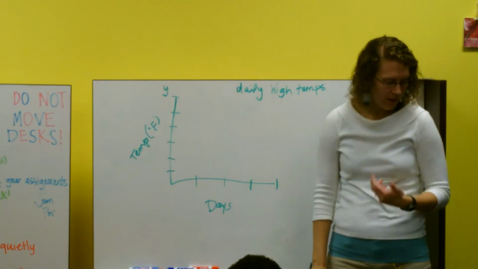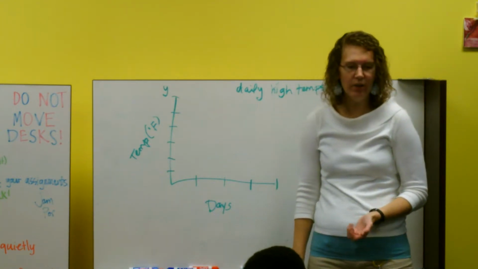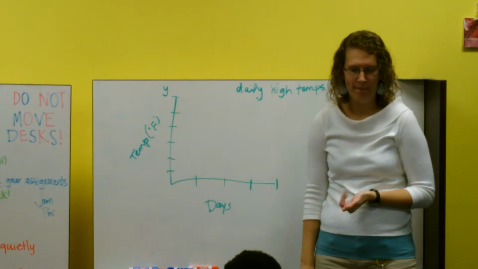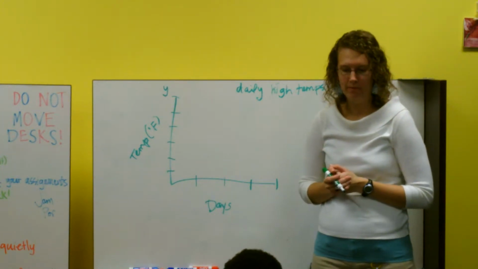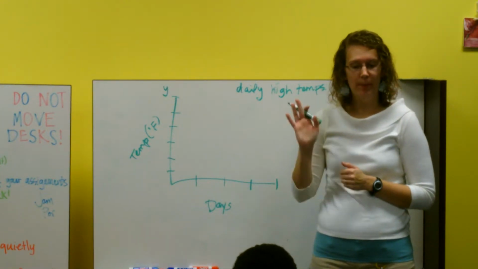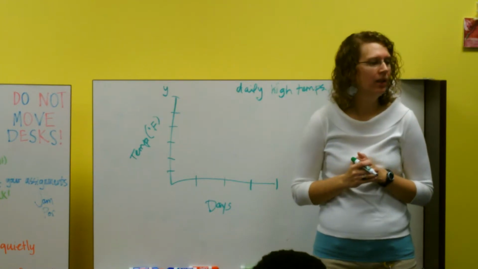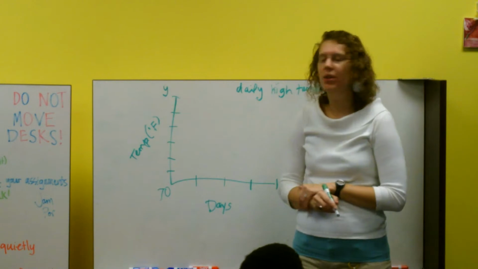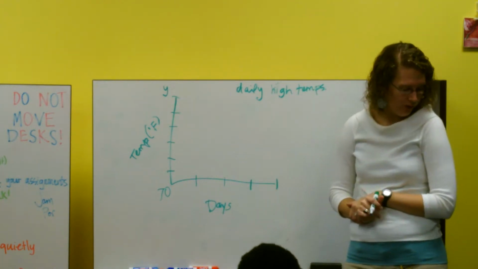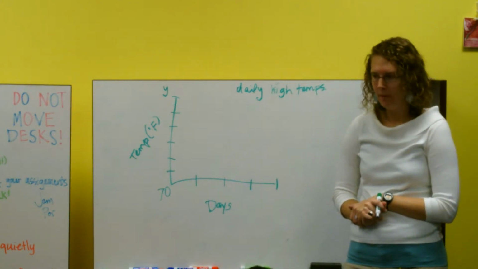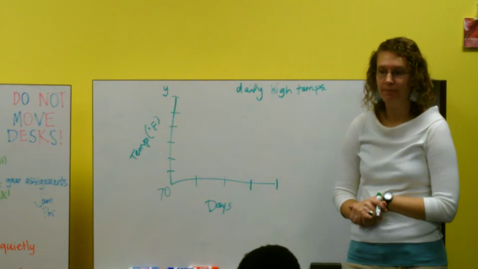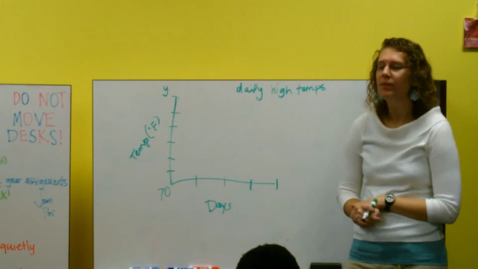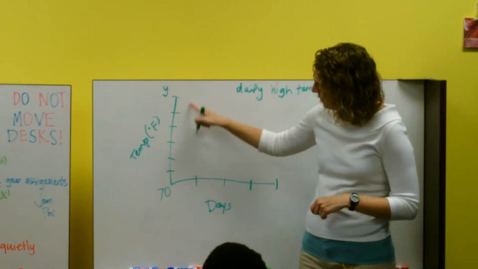So this graph that they've shown us doesn't start at 0, it starts where? Raise it up high. Starts at 70. And rather than count by ones or by twos, what does it count by? Come on. Tens.